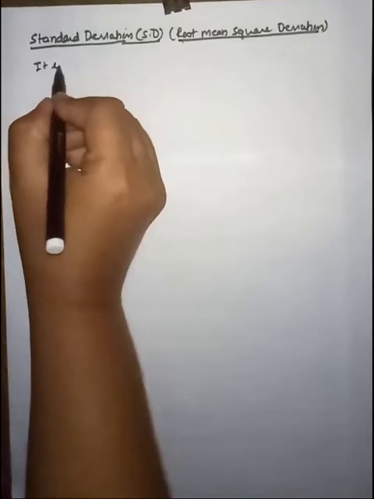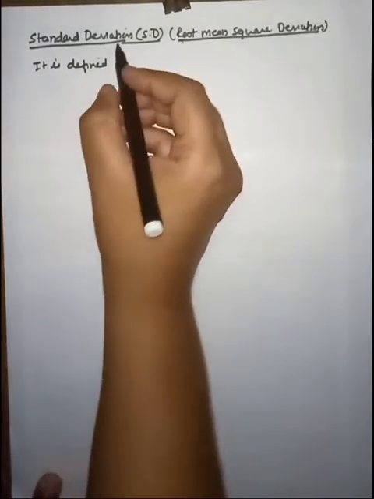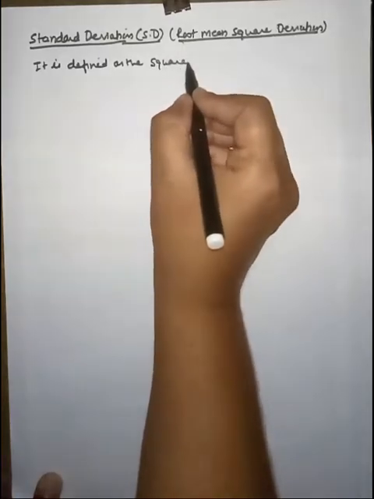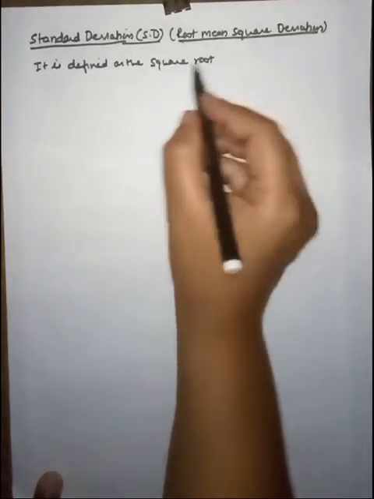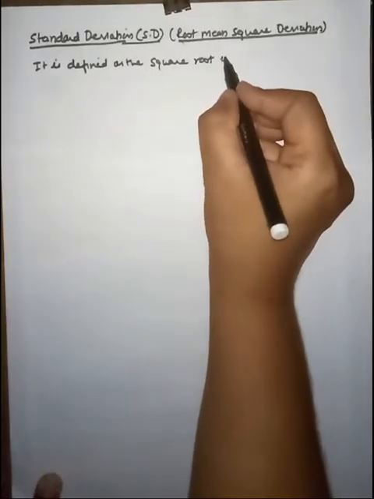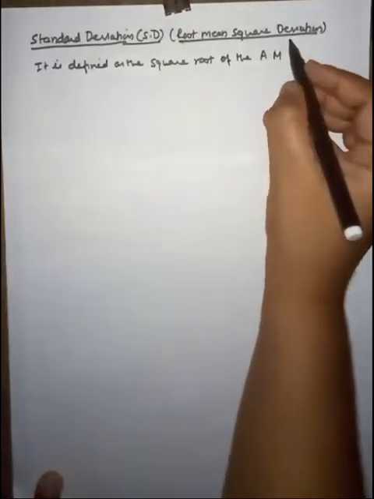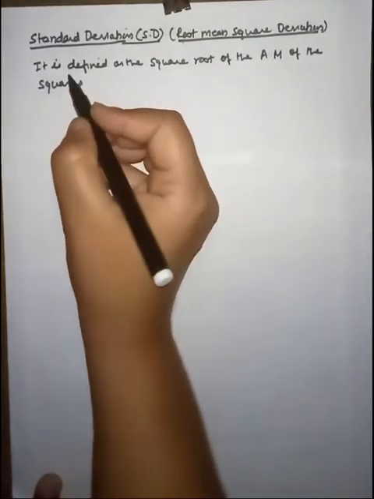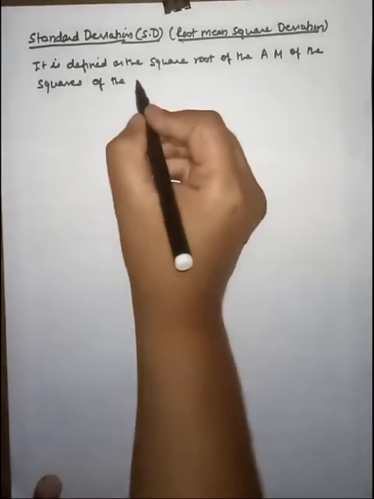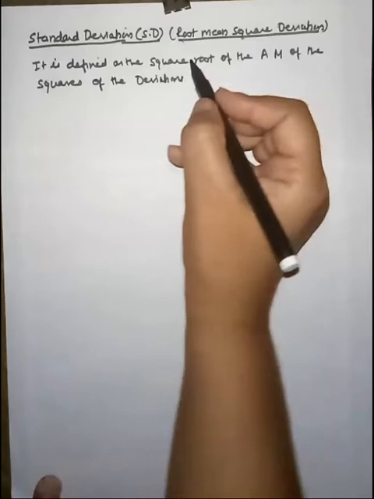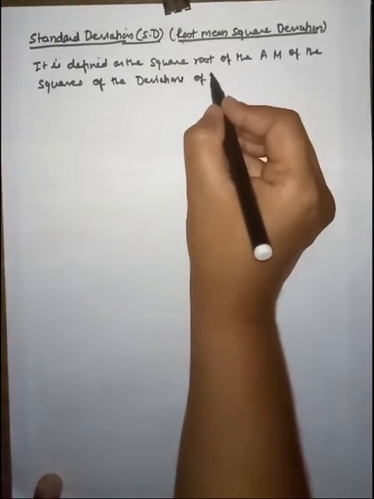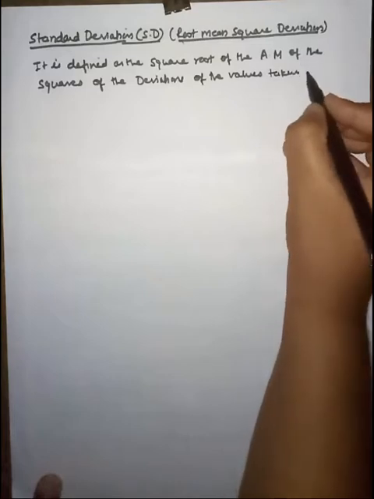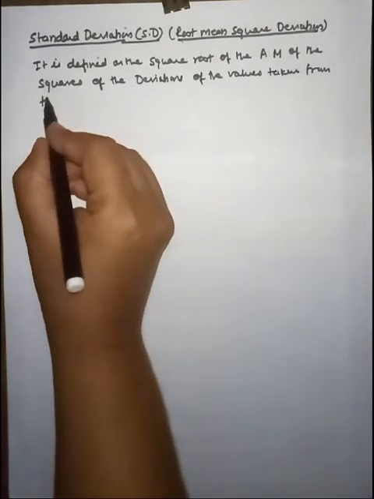It is defined as the square root of the arithmetic mean of the squares of the deviations of the values taken from the mean. That's why it is called the root mean square deviation.